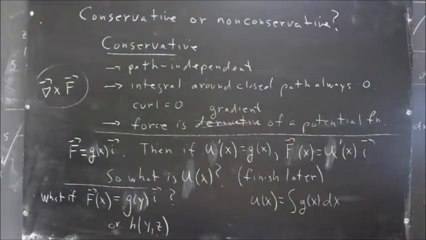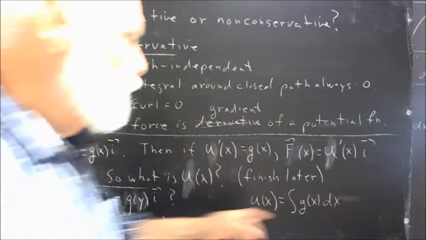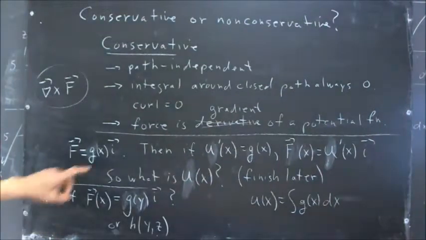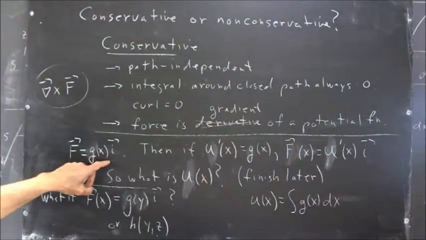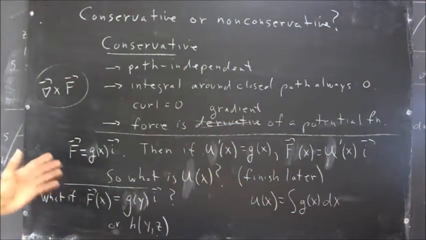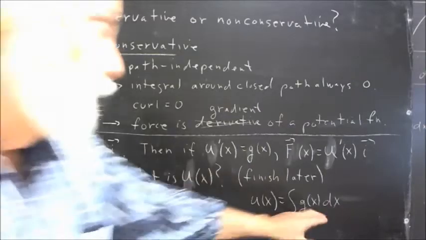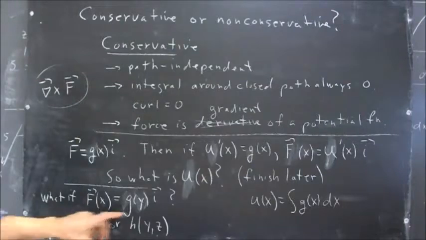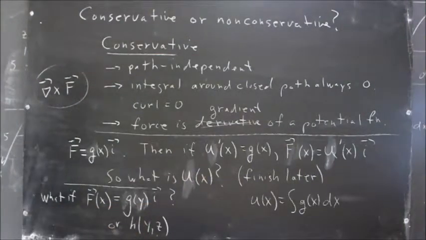Okay, now, it follows that if g of x is an integrable function of x, then this field has to be conservative. Because if g of x is integrable, then you can do this integral and get your potential function. Now what about F equals g of y times i, or even h of y,z times i?